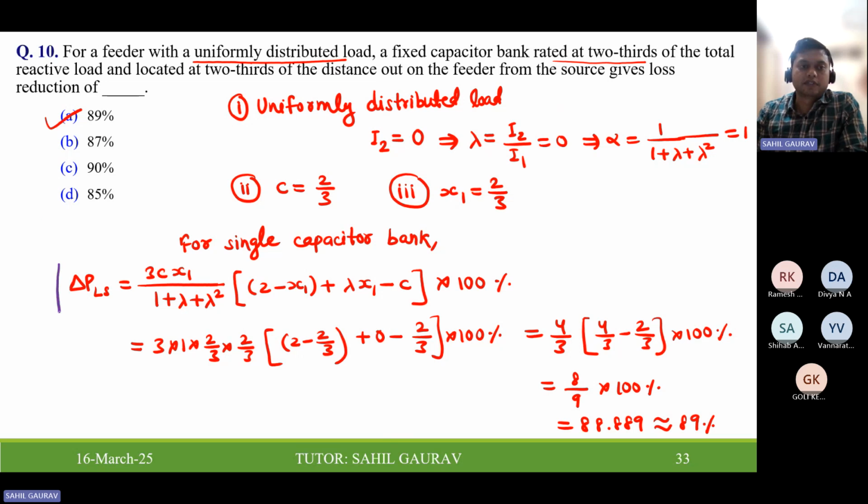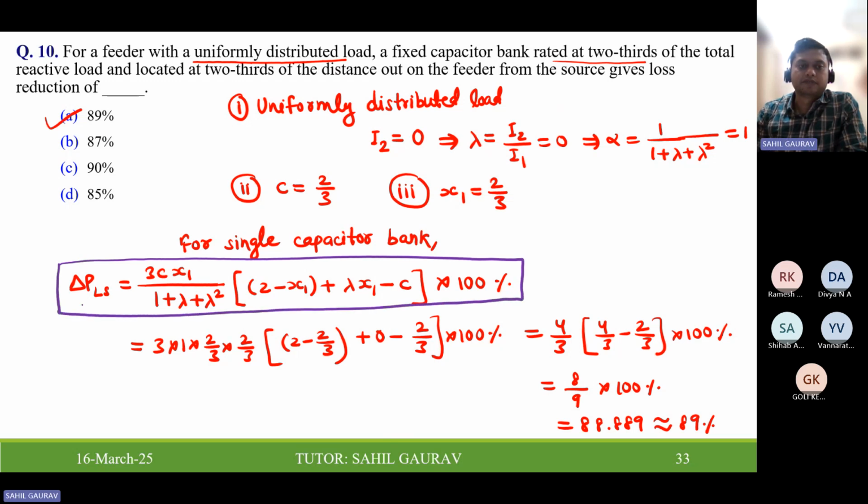Then you can use the expression we discussed, 3 alpha C x1 upon 2 minus x1 plus lambda, x1 minus C into 100%. If you vary the reactive compensation and the placement of the capacitor bank, then the power loss reduction will change. Just apply this expression.